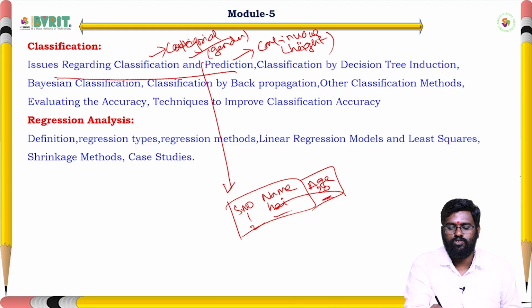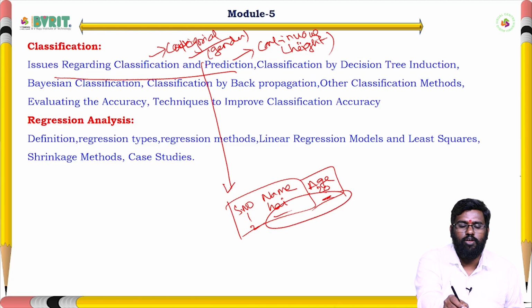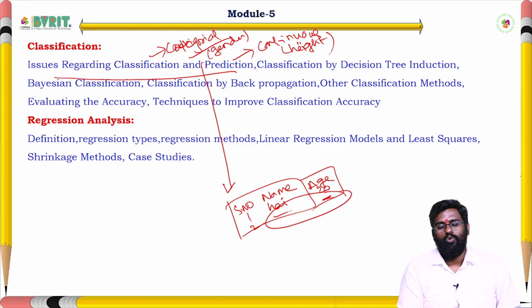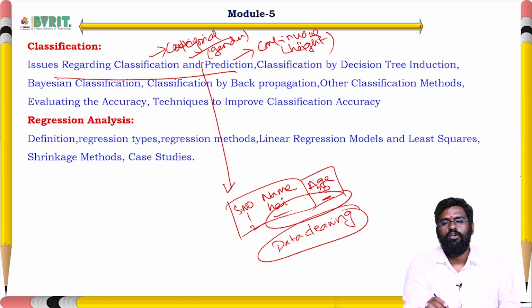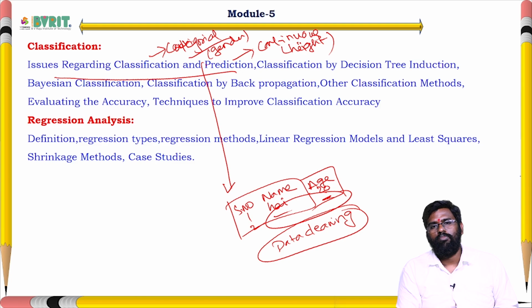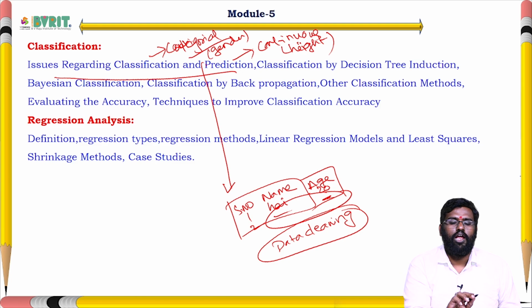By using classification and prediction, we have to implement data cleaning to rectify these things. At data preparation time, sometimes some of the values in the given data may be missing. These are the different types of issues in classification and prediction.